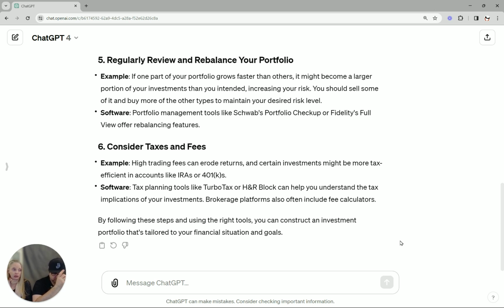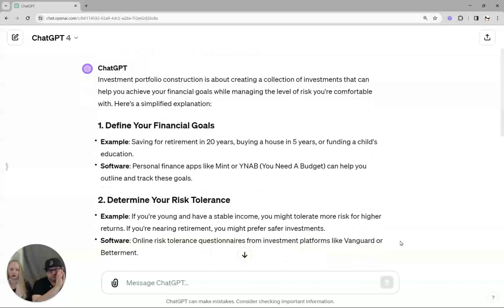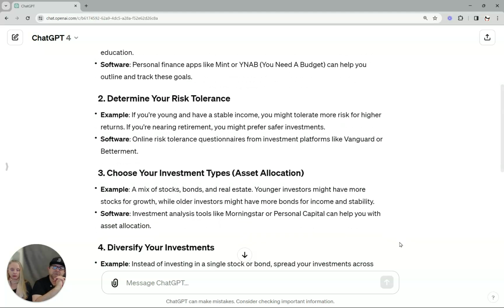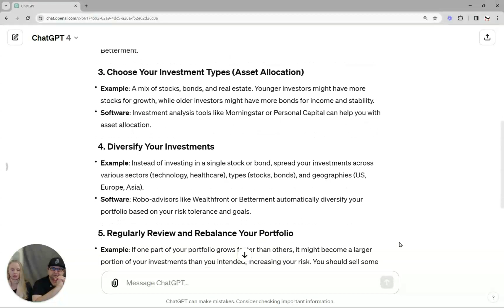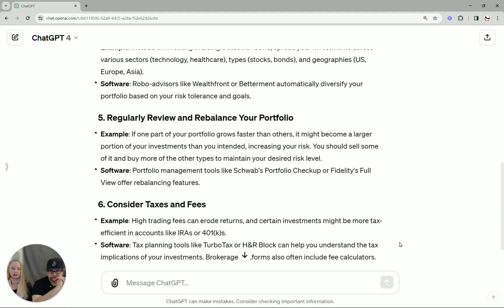That could be a two-day conversation. And at the end you would have worksheets and plans and the whole nine, but I don't think you need all of that. I think if you just define your goal, determine your risk, choose your types, diversify, review, rebalance, and then consider your taxes and fees, that's it in a nutshell.